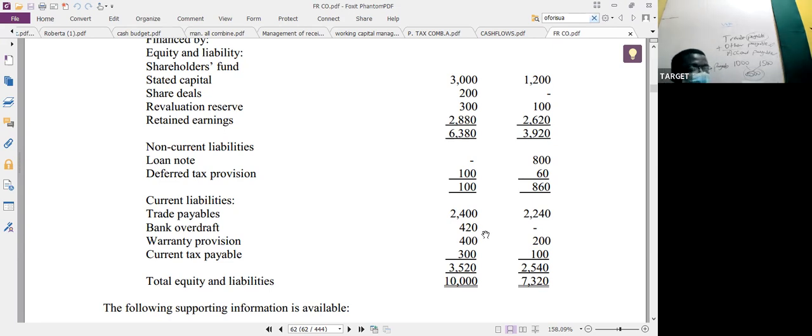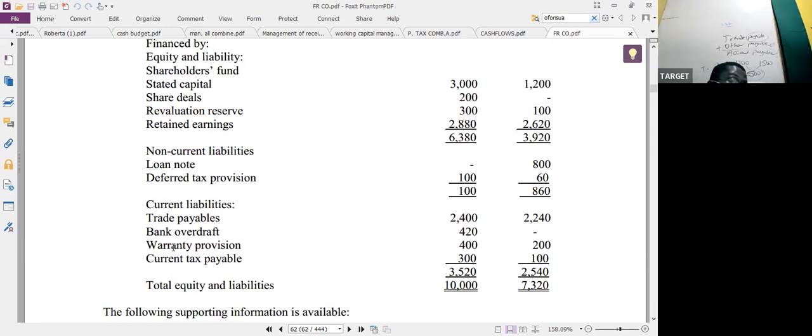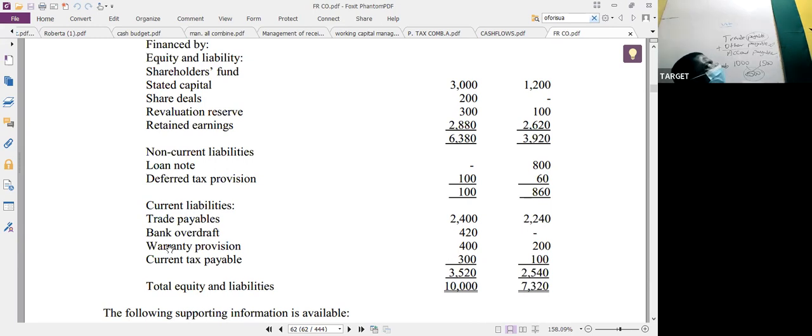So what do you do? You go and add it back to the profit. And please, any provision at all, don't just use warranty. I could change the name to environmental provision, still the same treatment. I could change the name to provision for dismantling cost, the same treatment. Any provision at all, it doesn't matter.